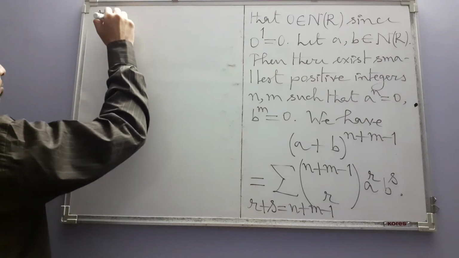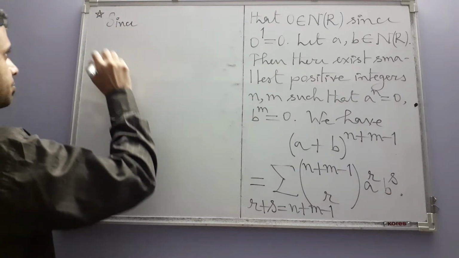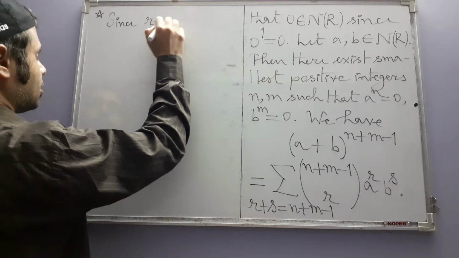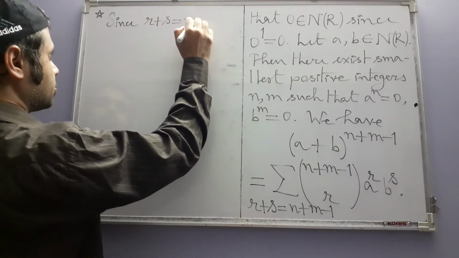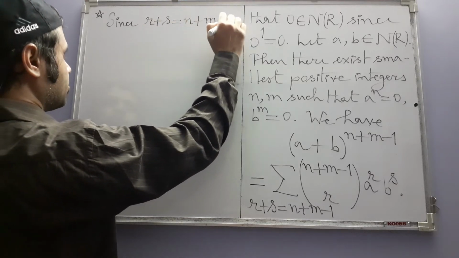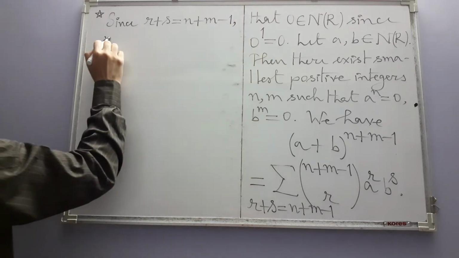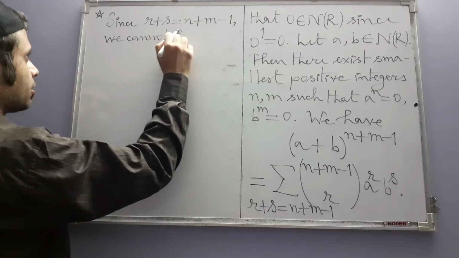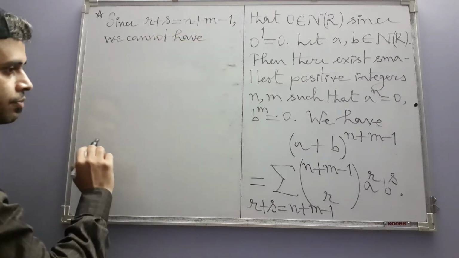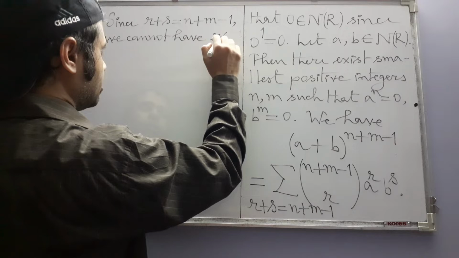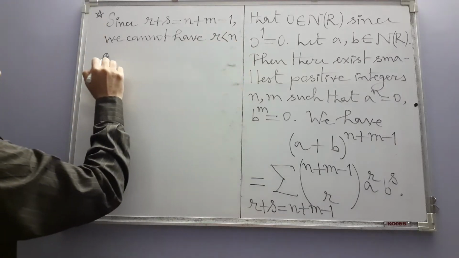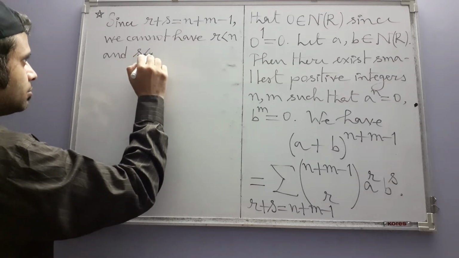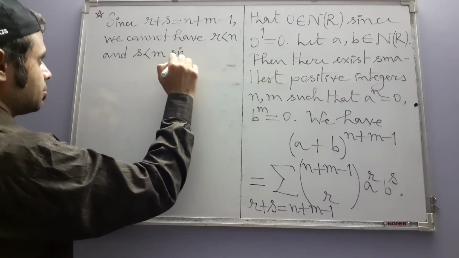Since r plus s is equal to n plus m minus 1, we cannot have r less than n and s less than m simultaneously.